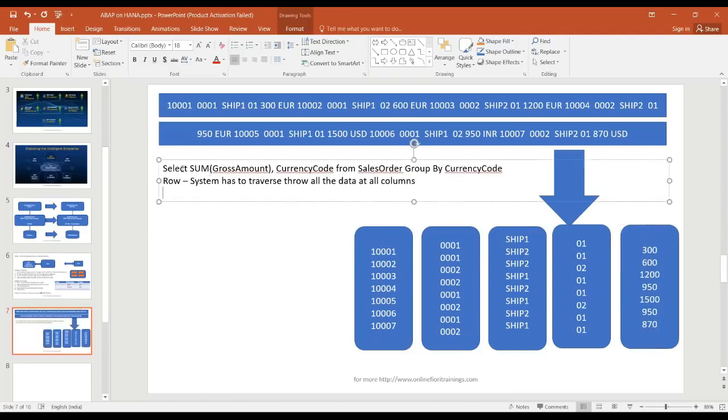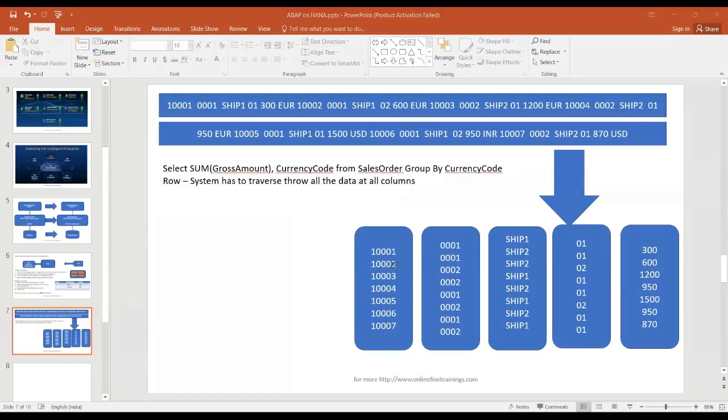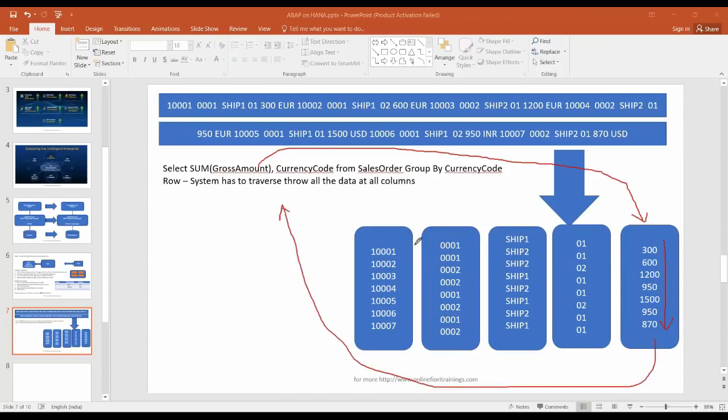Now watch out guys, the same query which I wanted to execute earlier, I would execute on a column store. In this case, it doesn't have to traverse through these tiny tables. To calculate the total, I can simply jump directly to my tiny table, which is storing my sales order gross amount, quickly traverse through this, total this data up and bring my data. So I have really saved a lot of time skipping this one, this one, this one, and this one.